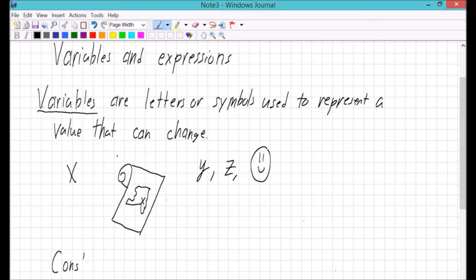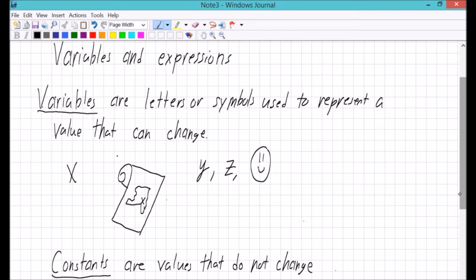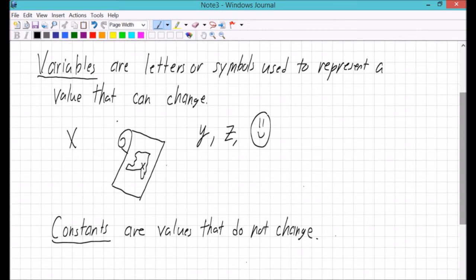After variables, the next word is constants. And constants are values that do not change. A good example of a constant, which will forever remain constant, it doesn't change ever, would be something like the number 2.